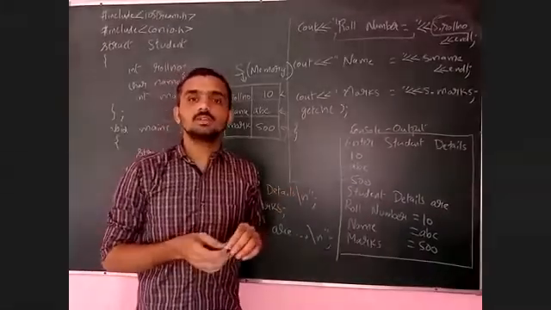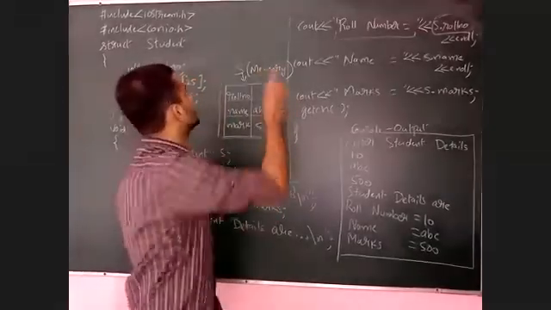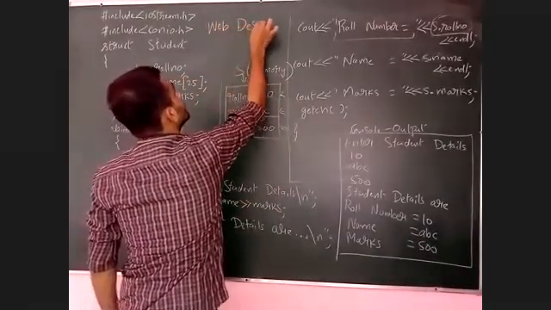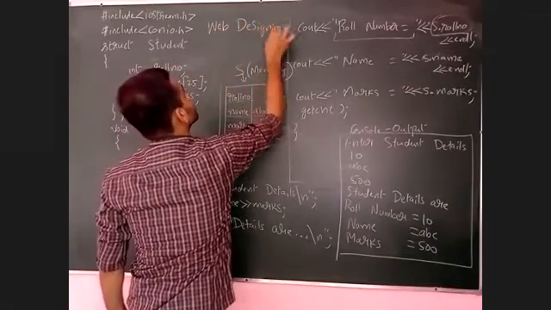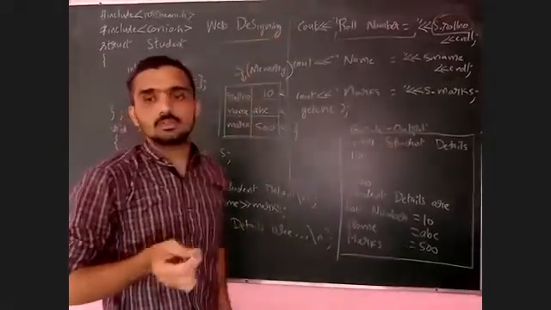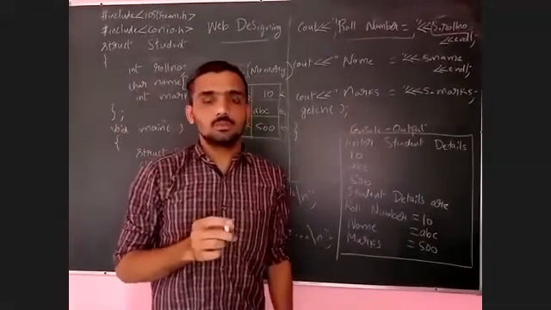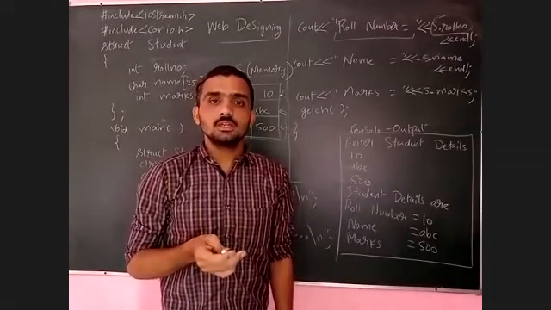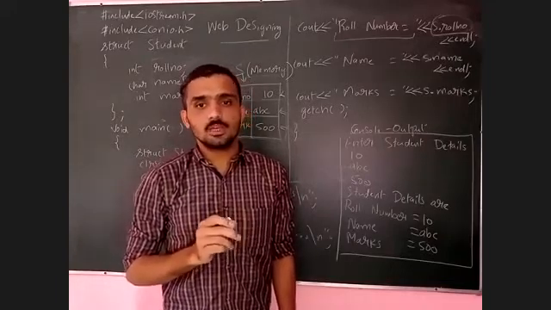So in the next class, we will discuss the chapter that is web design. So this is all about HTML programming. Actually, I thought of discussing MS Word processing, but web designing is actually a programming language, HTML, hypertext markup language.